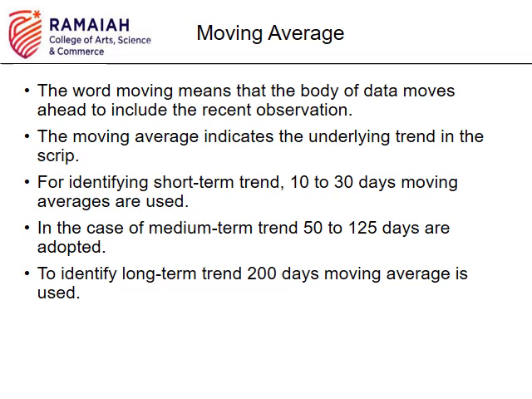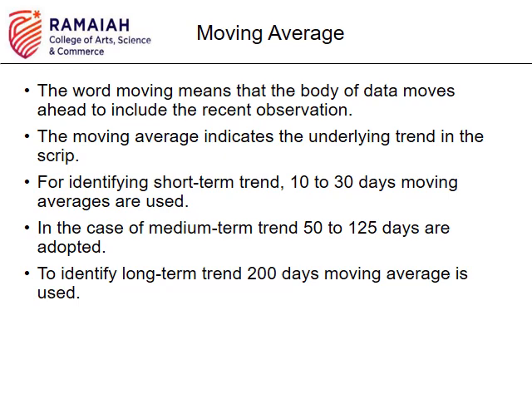Next is moving average. Moving average, I think we have a fair idea even from our PU or 12th standard days. We had this extensively in the statistics paper. Anyhow, we'll discuss this. In a moving average, the body of data moves ahead to include the recent observation.